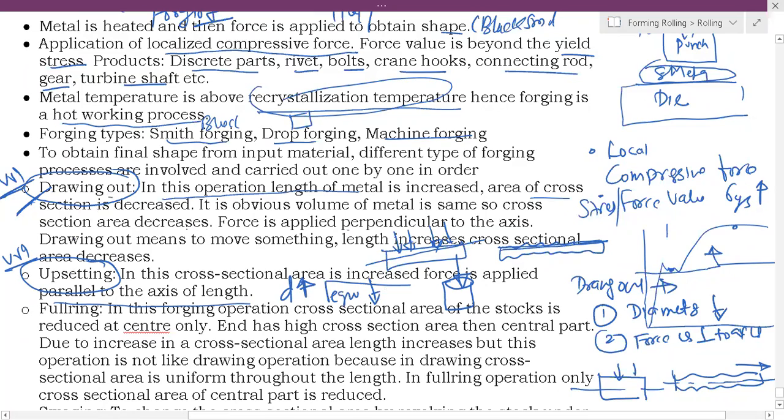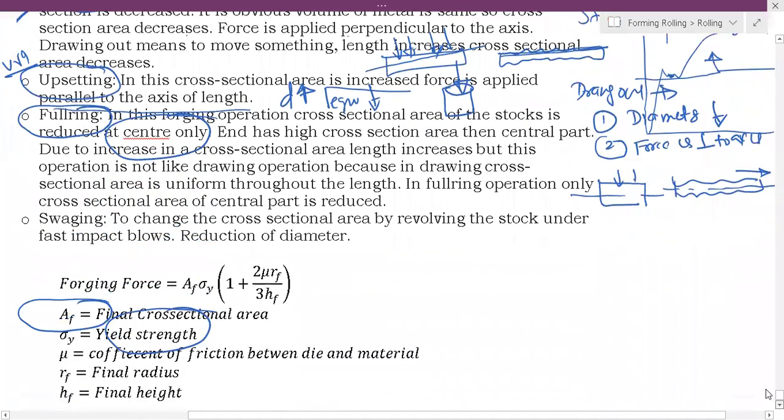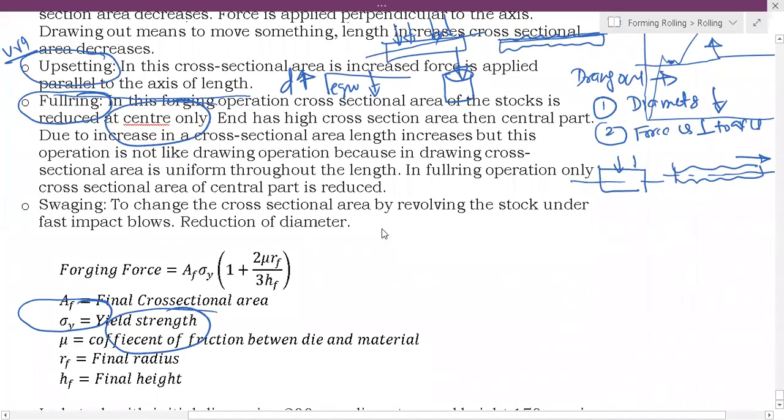So drawing out and upsetting are just the opposite, vice versa. Then there is fullering. In this forging operation, the cross-sectional area of the stock is reduced at the center only.